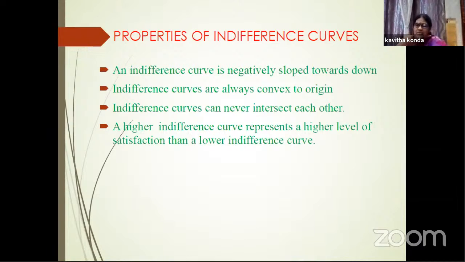So indifference means the two combinations remain the same without differences. Both combinations give equal satisfaction, but he has to choose those combinations. That is our problem. That's why the indifference curves IC1, IC2, IC3 are represented in the map here.